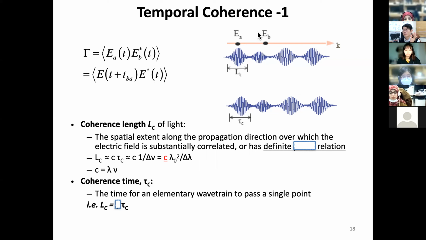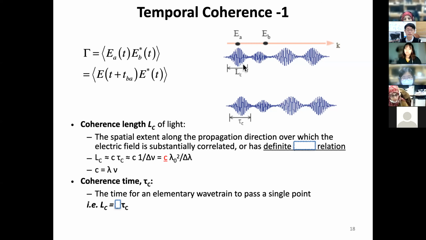So in fact, they are the same electric field with just a difference in time, T_B minus T_A. This difference in time is the coherence, because this is a correlation between the same field at different times. That means temporal coherence. However, you can convert this temporal coherence easily into spatial coherence because the light propagates at the speed of light.